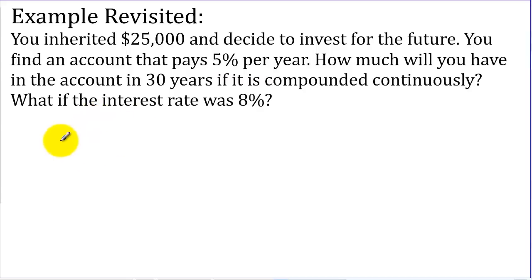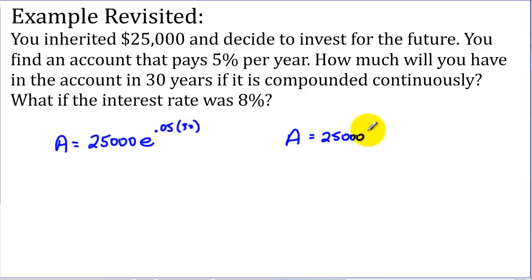For the 5%, our formula would be A equals, now the principal is 25,000, times E raised to the rt, so r is 0.05 times t, which is 30. And when we want to do this for 8%, it's going to be the same thing, except we're going to change the 0.05 to 0.08.